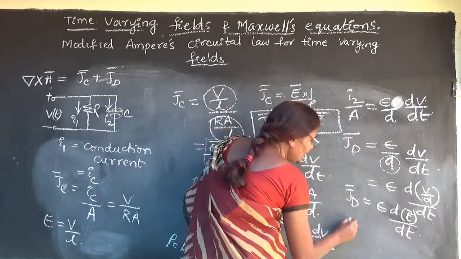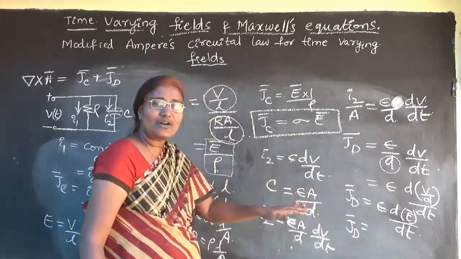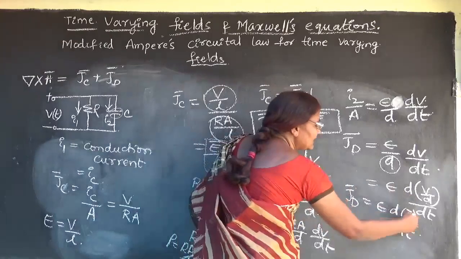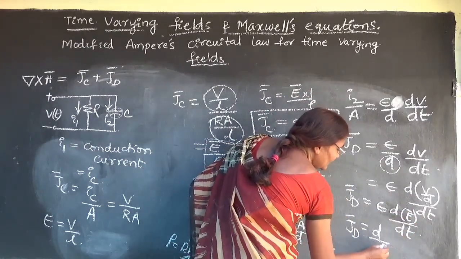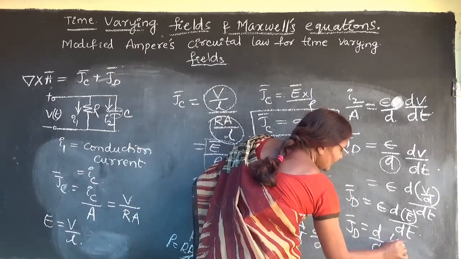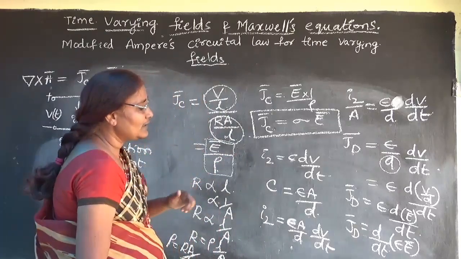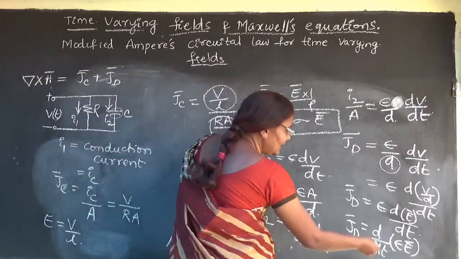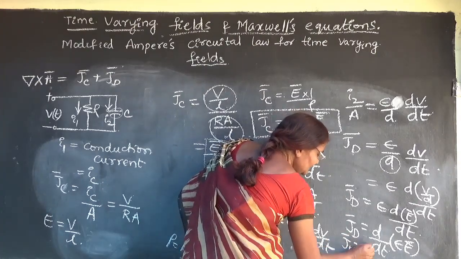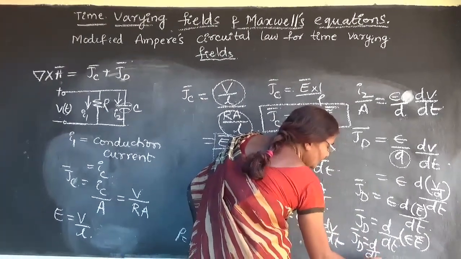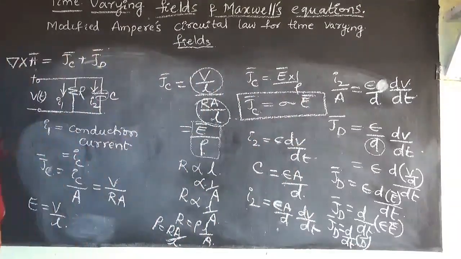Now what is J_D bar? J_D bar is going to be, here epsilon is also constant. I can take it inside the differential. So d by dt of epsilon E bar I can write like this. What is epsilon E bar? You know that epsilon E bar is equal to D bar. So J_D bar is going to be the differential of D bar.